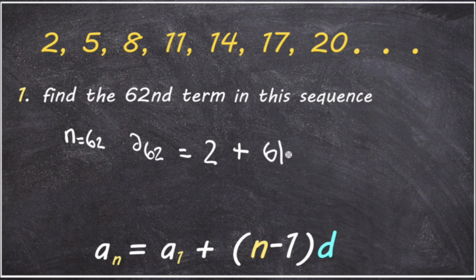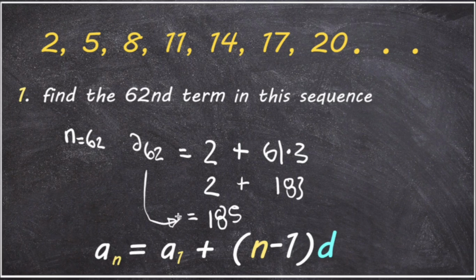That's 61 times d, which is the difference, that's 3. 61 times 3 is 183, and we add 2 to that. 183 plus 2 equals 185. So a62 equals 185, and that's the value of the 62nd term in this sequence.